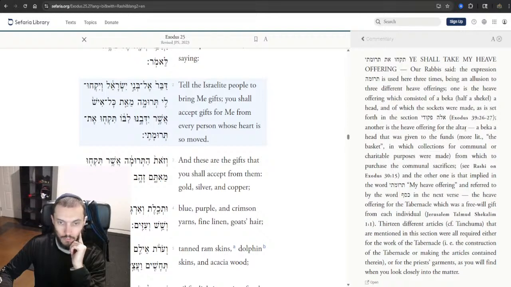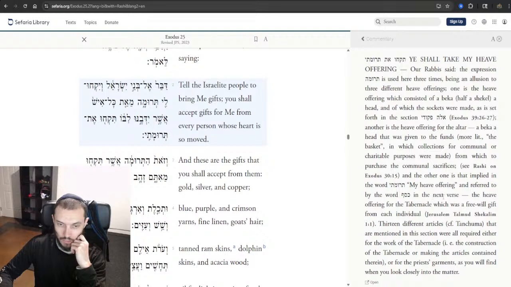Another is the heave offering for the altar, a becha, a head that was given to the funds, more literally the basket in which collections for communal or charitable purposes were made, from which to purchase the communal sacrifices, and from Exodus 30:15.